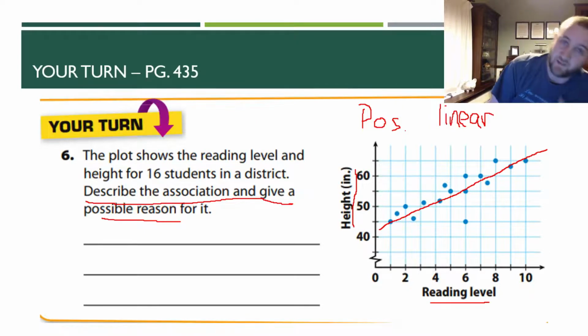There's some 8th graders that are probably shorter than some of the 5th graders that we have, right? But in general, the taller a student is, the older they are. The older a student is, the higher their reading level is, right? So you can kind of make this association. The taller a student is, probably the higher the reading level they're going to have, right? Hopefully that makes sense to you.